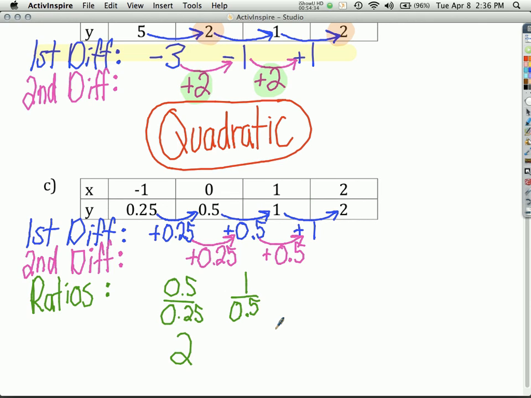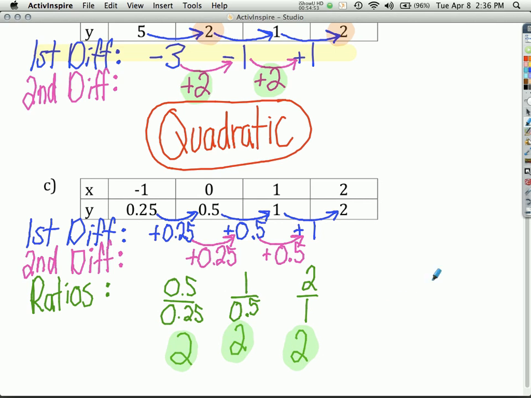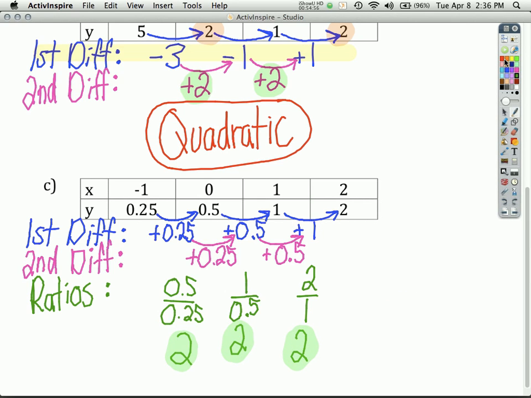Michaela? Yeah, it comes out to 2 again. Now take these two values. Put 2 over 1. That one's easy. That comes out to 2. And so the ratios all come out the same. They all come out to a value of 2. Once we get the ratios all the same, now we know that this is exponential.